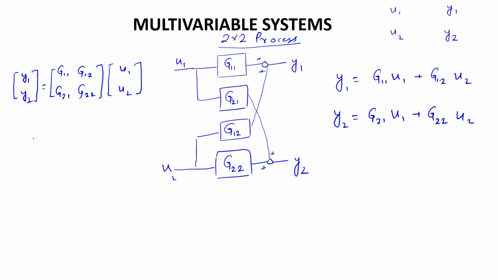Or in matrix notation, output vector Y is equal to process transfer function matrix GP times input vector U. So this is a multivariable system process equation.